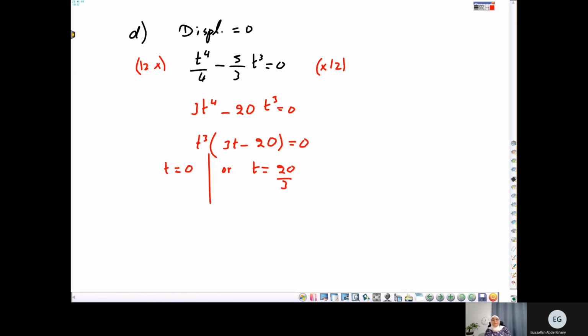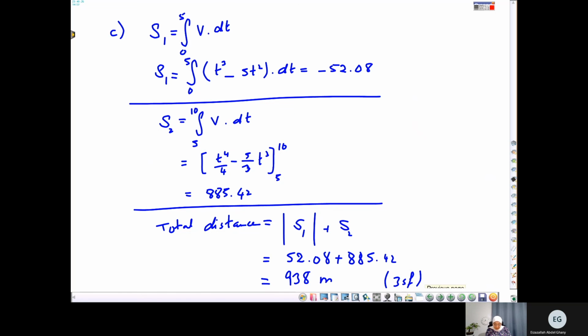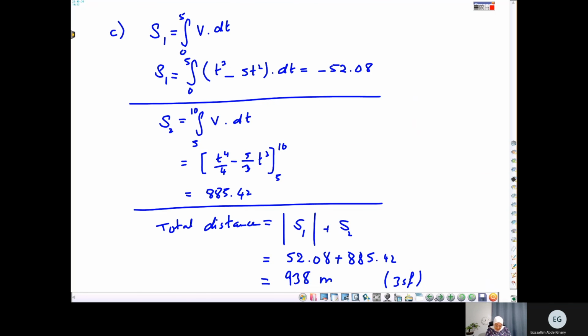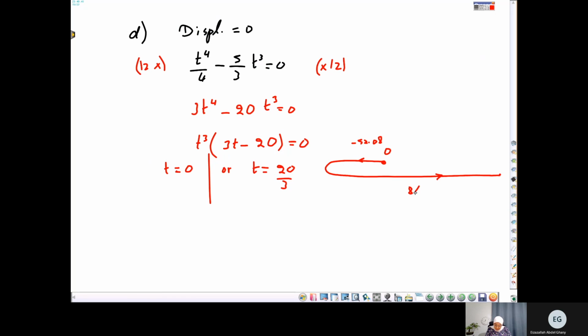What does this mean? At the start, this is the point O. We moved backward, remember how much? Negative 52.08 meters. And then you moved forward 885.42 meters. But we're not discussing this now.